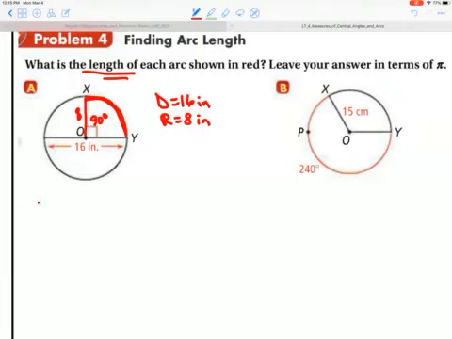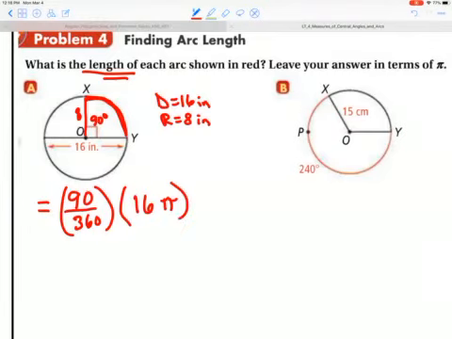Arc length is going to be 90 out of 360. That's my fractional part of my circumference. And my circumference is diameter times pi. So this is essentially what I'm doing. If I multiply my numbers, I get exactly 4, because this is 1/4 times 16.